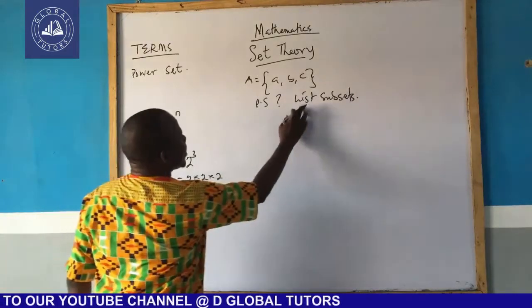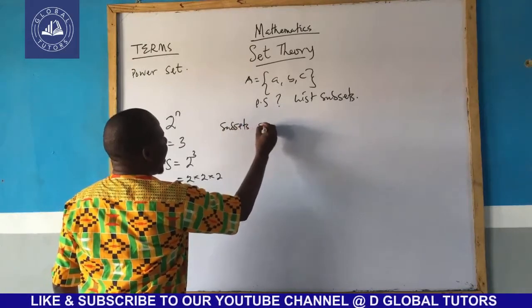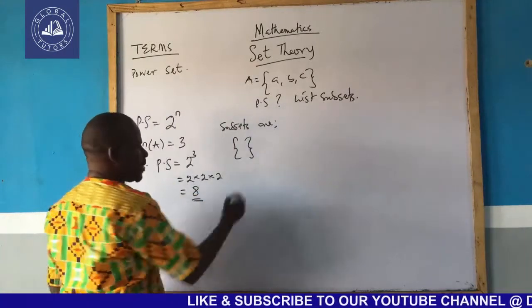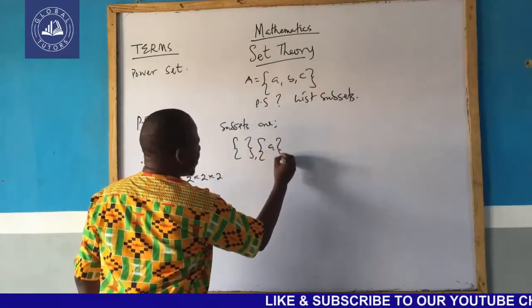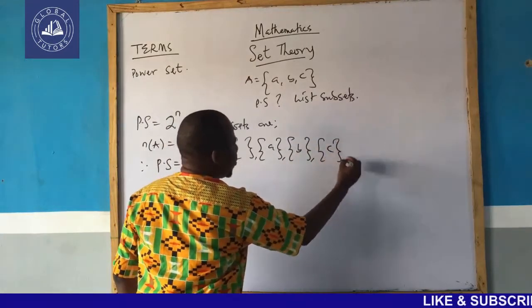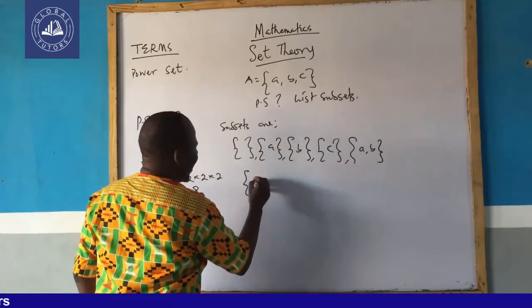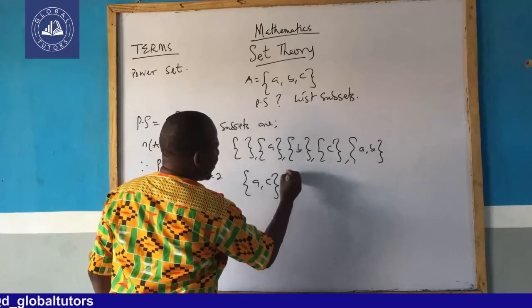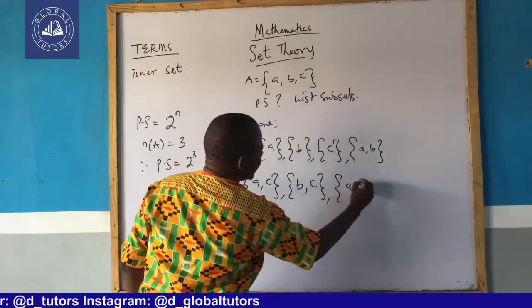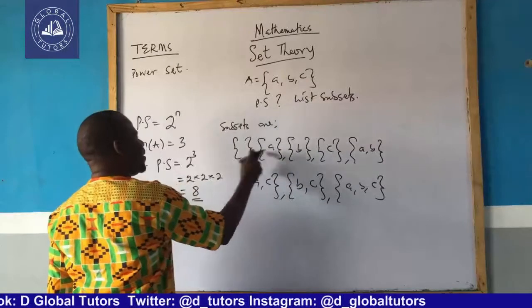Now, the next question says you should list all the subsets. So the subsets are: the empty set is always the first subset. Then you have {A}, {B}, {C}, {A, B}, {A, C}, {B, C}, {A, B, C}. 1, 2, 3, 4, 5, 6, 7, 8.